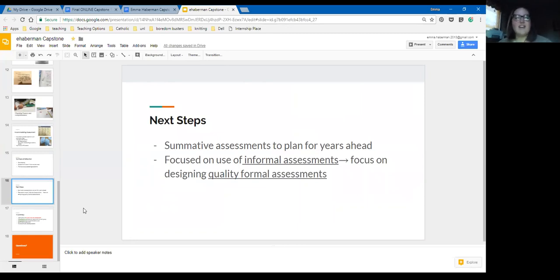So then if I come back and teach this again, I know, did this work this year or did it not? And how can I use that summative evaluation information to change and tweak my unit for the next time I teach it. So I don't know if it's more important or less important. It's just I didn't do as much of it, so that's what I would focus on next.